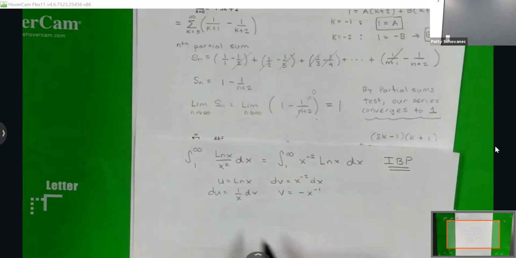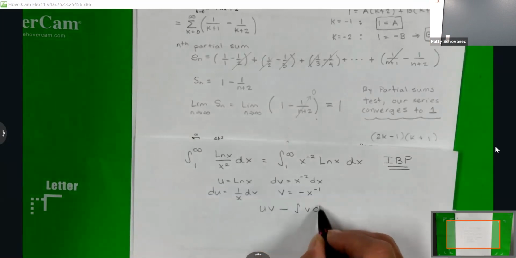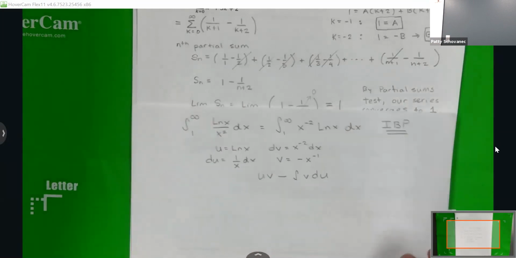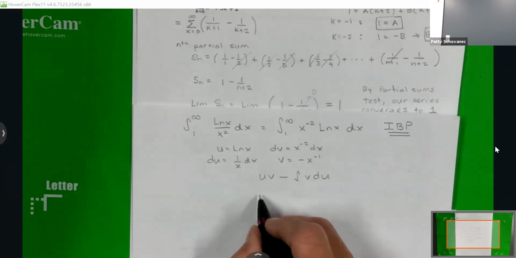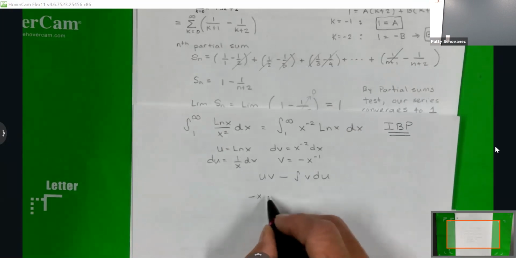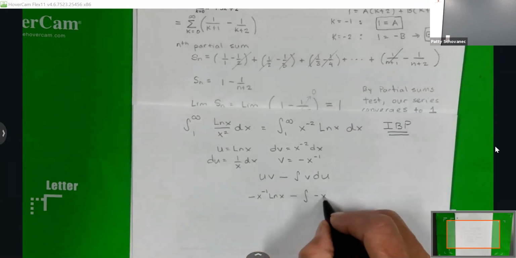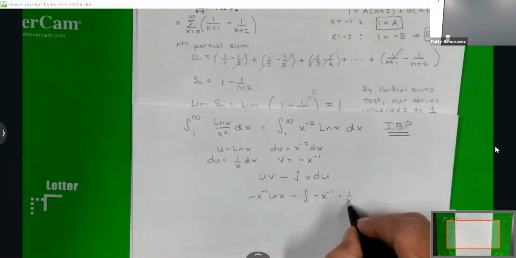And so we're going to have uv minus the integral of v du. So I'll have minus x to the minus 1, natural log of x, minus the integral of v, which is minus x to the minus 1, and then du is 1 over x dx.